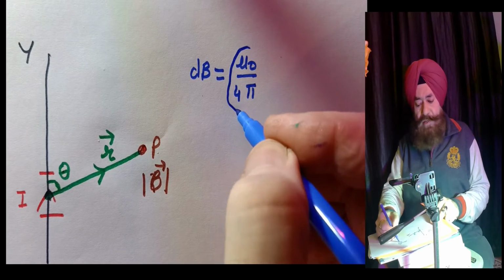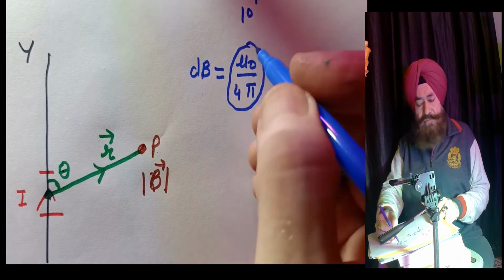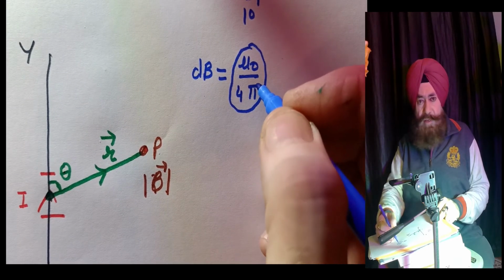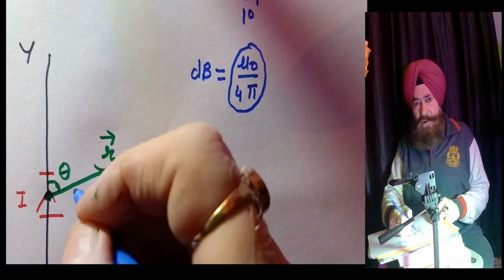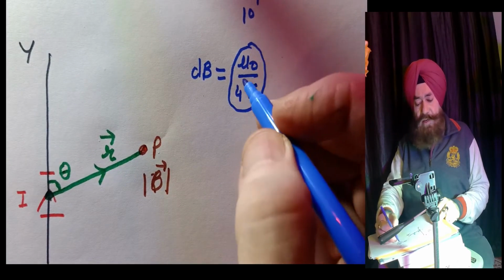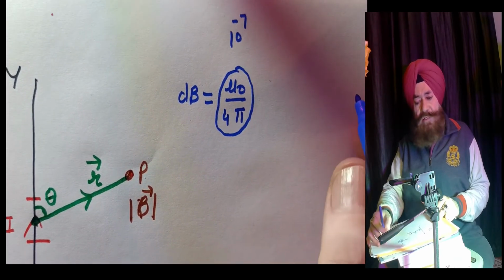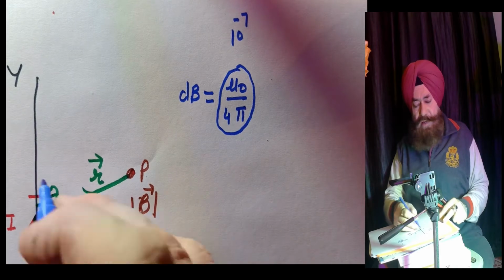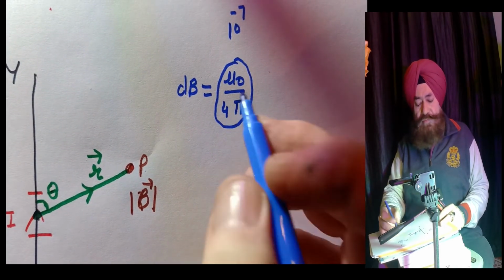This is a constant and has a value of 10 raised to power minus 7. And this constant is because of the medium. If the medium is vacuum or air, then mu naught over 4 pi is taken and its value is 10 raised to power minus 7. But if there is any other medium, then this constant will change.